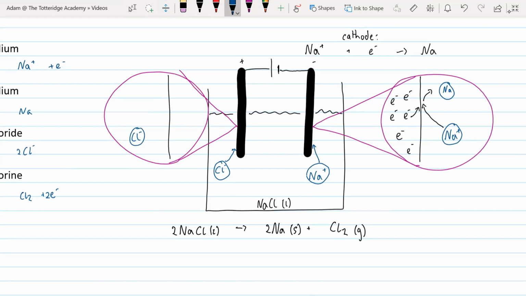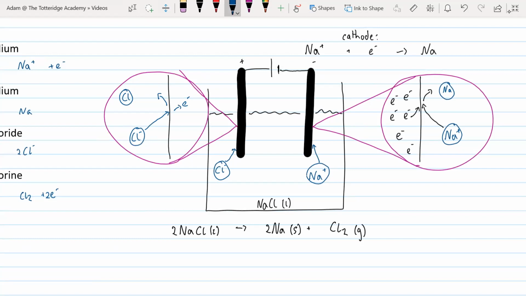Now, this electrode doesn't have lots of electrons. The whole point is that it's missing electrons. It's got very few electrons. So I'm not going to draw anything there because the whole point is that it doesn't have anything. This one has got loads of electrons and this one doesn't. So the Cl minus is going to go here and it's going to come off as beautiful Cl atoms, having lost an e minus.